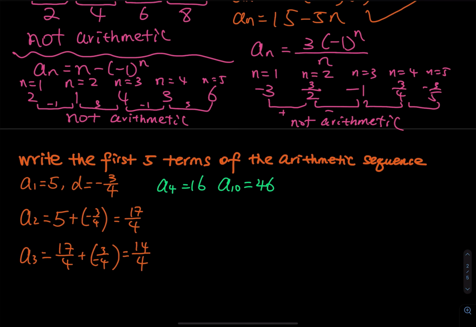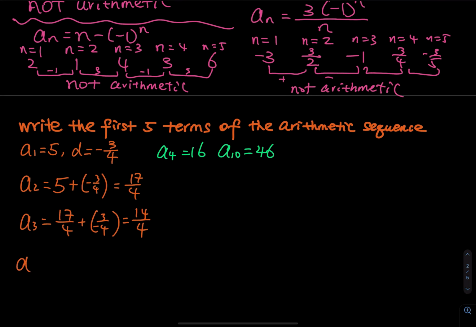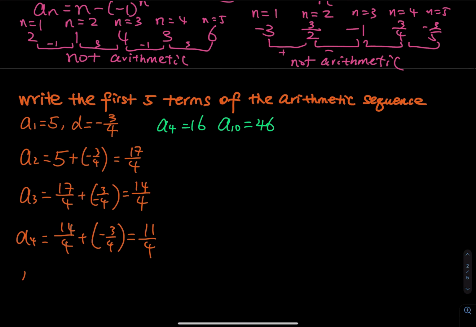It is good to not reduce the fraction, because you don't want to keep dealing with the common denominator. 14/4 plus -3/4, so that is 11/4, and then a5, that is 11/4 plus -3/4, so that is 11 minus 3 is equal to 8/4. So this is equal to 2. This is equal to 7/2. That's it.